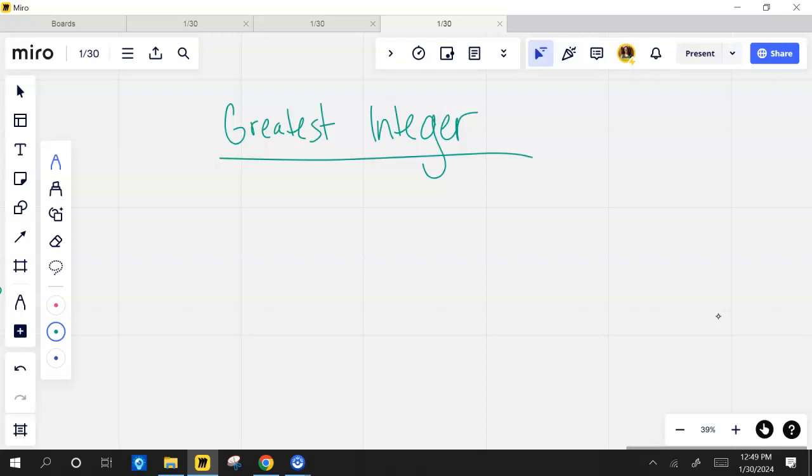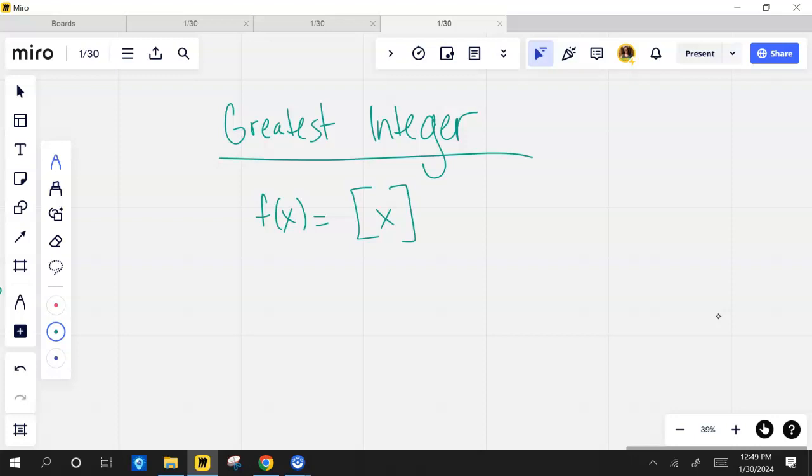Okay, this one is hard. Are y'all ready? This is the staircase. Even though it says greatest integer, it rounds down.